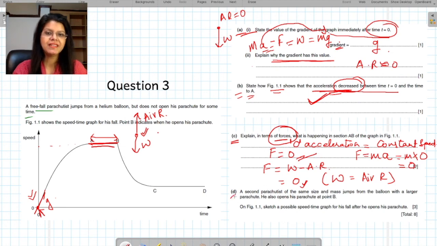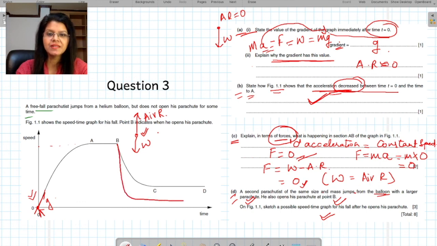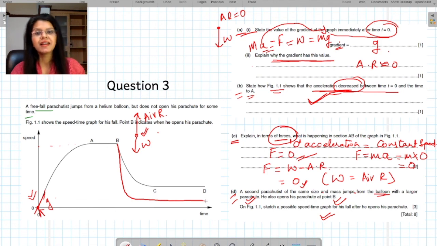Right? Part D, a second parachutist of the same size and mass jumps from the balloon with a larger parachute. He also opens the parachute at B. Sketch a possible time graph for his fall after he opens the parachute. Larger parachute. So the second parachutist is having a larger parachute. So his drop in velocity will be more sudden, and he'll come to a smaller terminal velocity.